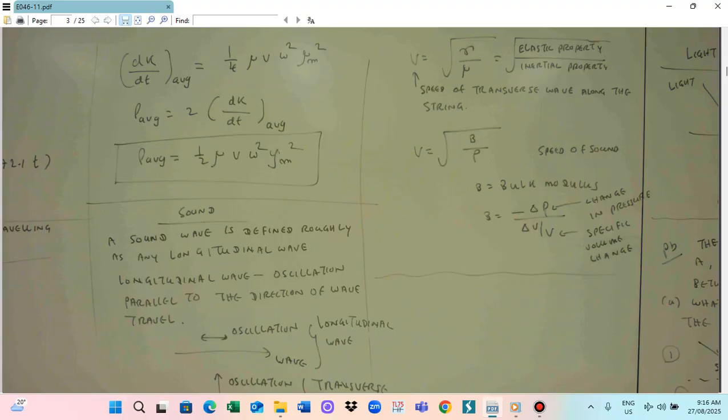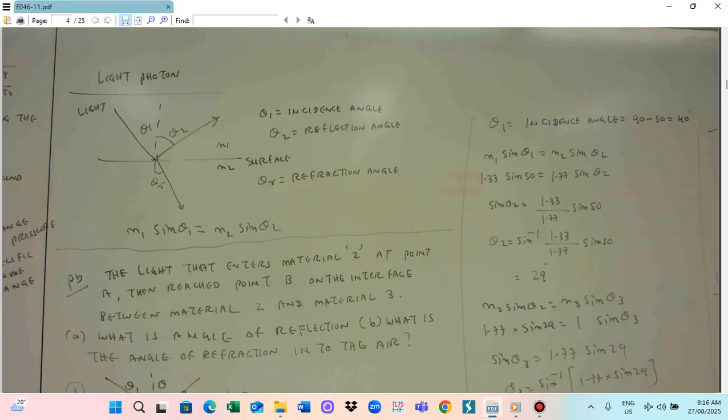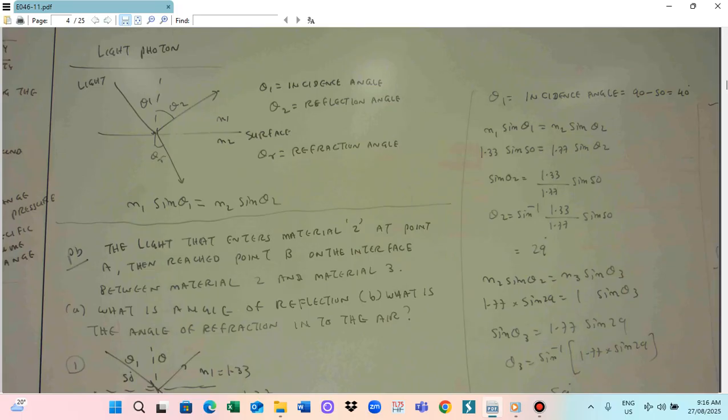The next one is light and photon. When the light falls on a surface, theta 1 is the incident angle. Turn on the light. So this is the light beam. The light beam falls on the surface, and theta 1 is the incident angle.